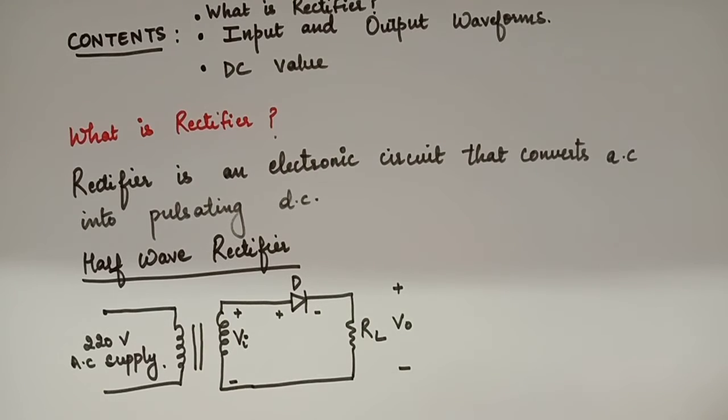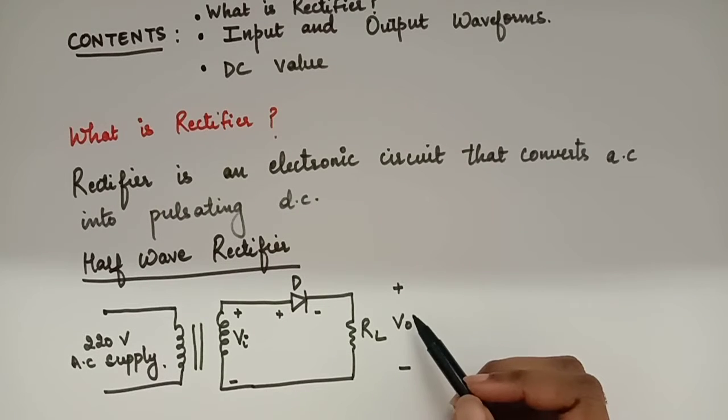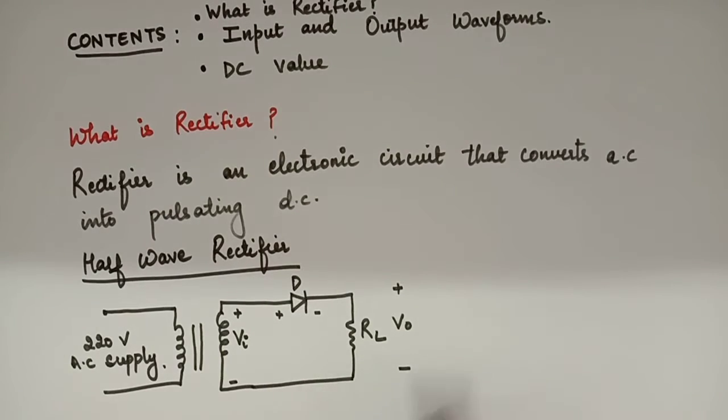So this is the circuit for half wave rectifier. Let's calculate V0 for this circuit, and let's draw the input and the output waveform.